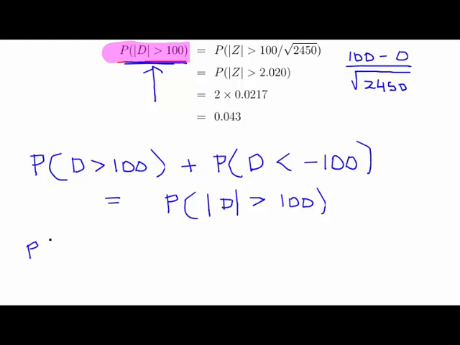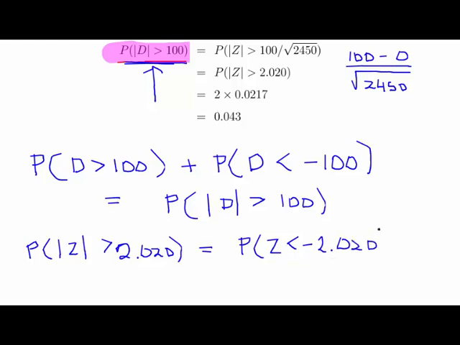Okay, so essentially what we have down here is the probability of the absolute value of z being greater than 2.020, which is equal to the probability of z being less than minus 2.020 plus the probability of z being greater than 2.020.